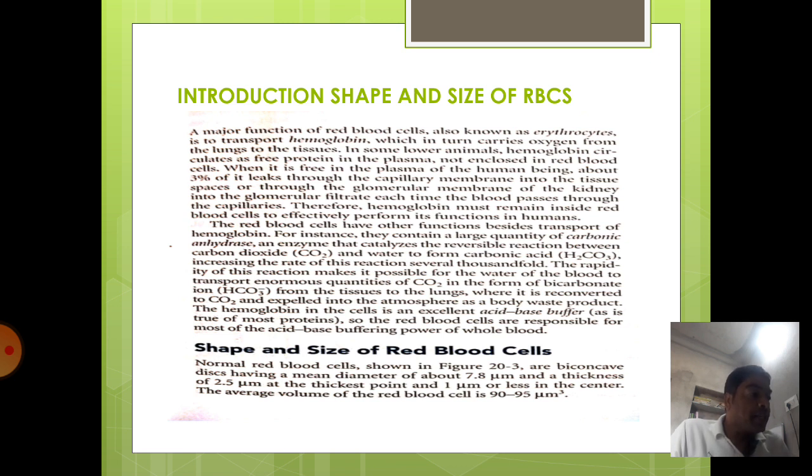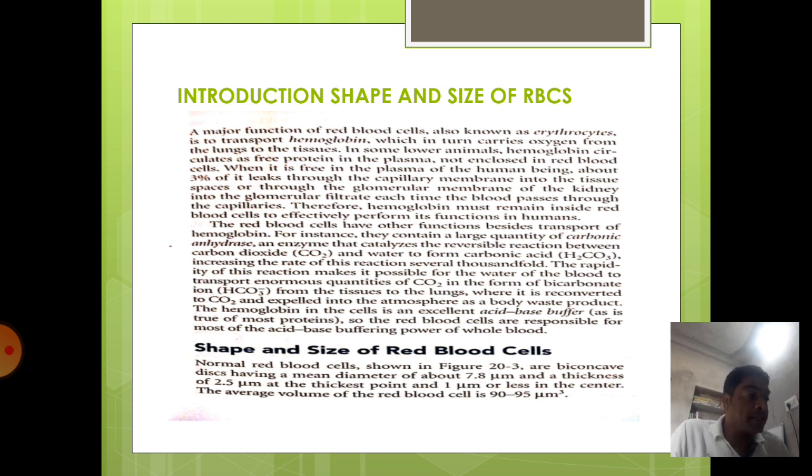So, the hemoglobin in the cell is an excellent acid base buffer. This is true of most proteins, so red blood cells are responsible for most of the acid base buffering power of the whole blood.